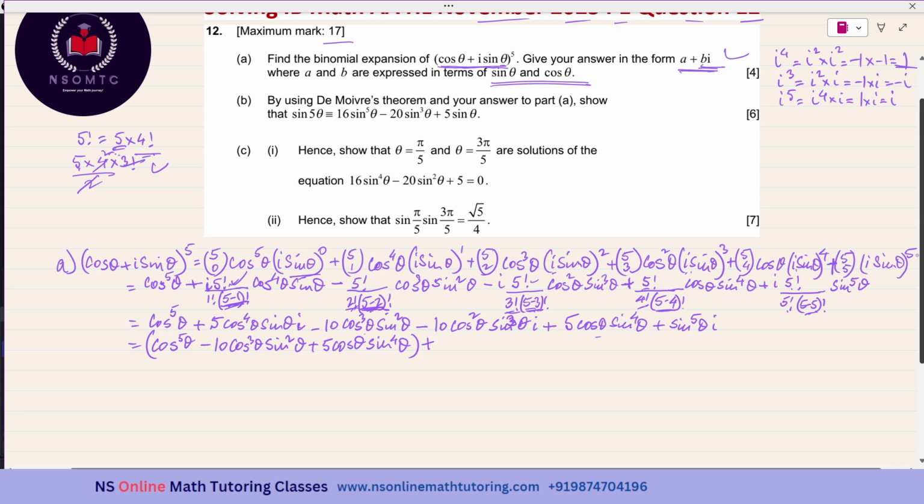So I have to put plus sign in between. Since they have written i later after b, I'll be writing i last. So this is the first imaginary term. So it is 5 cos to the power of 4 theta sine theta. And then it is this one minus 10 cos square theta sine cube theta. And finally this one plus sine to the power of 5 theta i. So this will be the answer for part a.